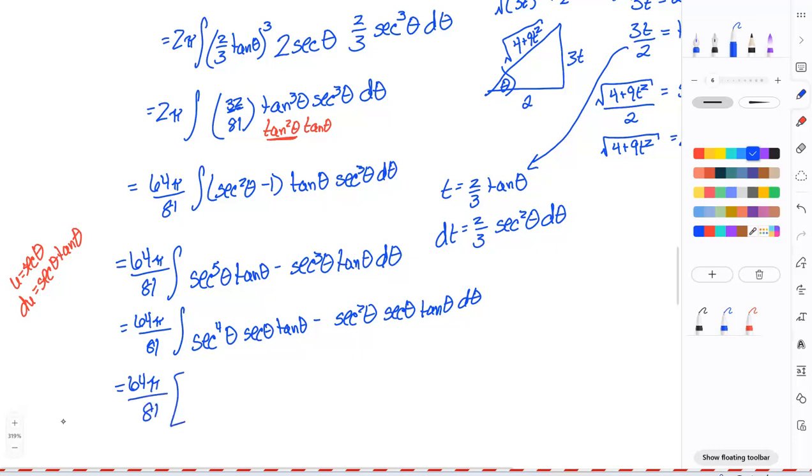So if u is secant, derivative of the secant tangent, u to the 4th becomes u to the 5th over 5. And then u squared becomes u cubed over 3.